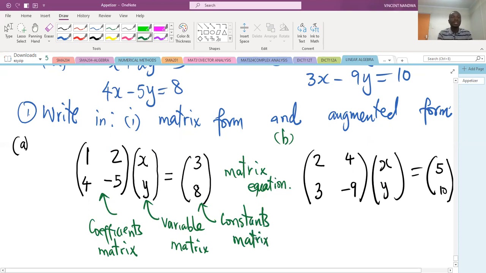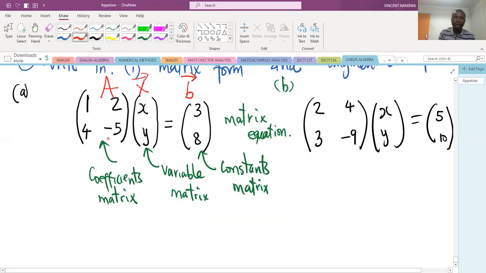The coefficients matrix in general is usually given by capital A, the variable matrix by vector X, and the constants matrix by vector B. So each system of linear equations can be written in the form AX equals B, where A is the coefficients matrix, X is the variables matrix, and B the constants matrix. So here, this is our A, this is our X, and this is our B.